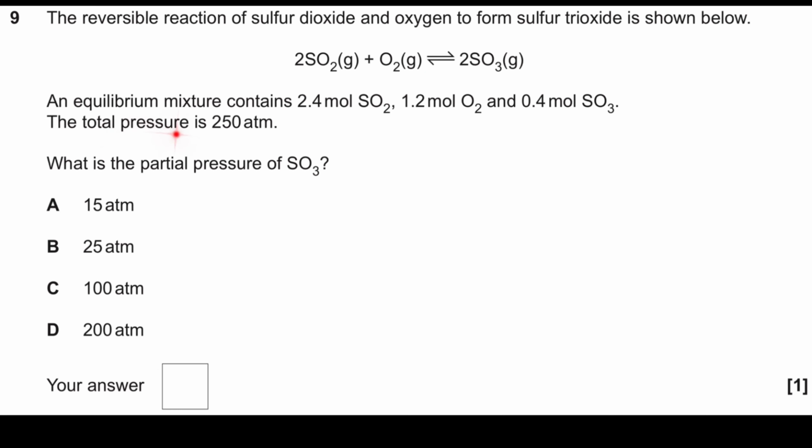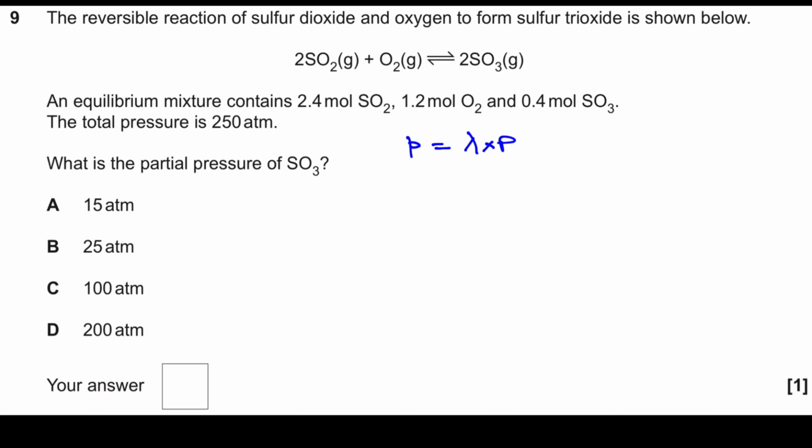The total pressure is 250 atmospheric pressure. What is the partial pressure of sulfur trioxide? First of all, we need to write partial pressure equals mole fraction times total pressure. And we know what the total pressure is.